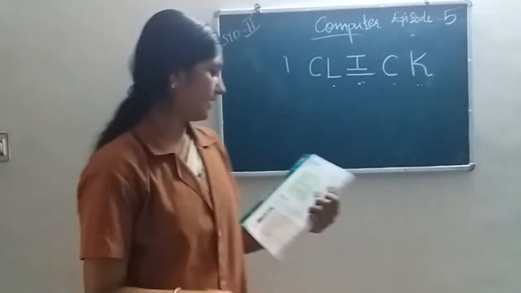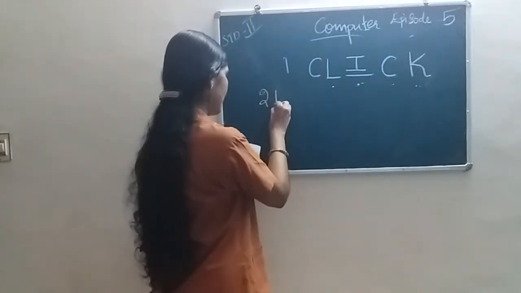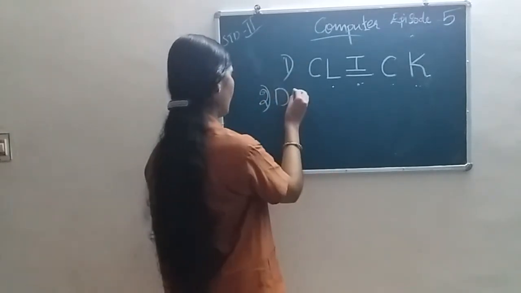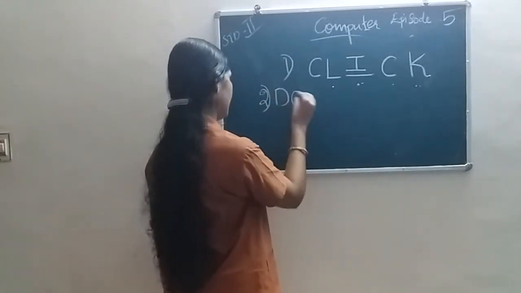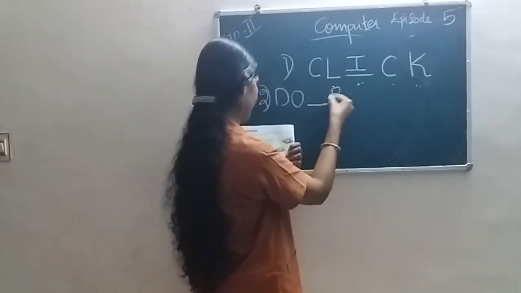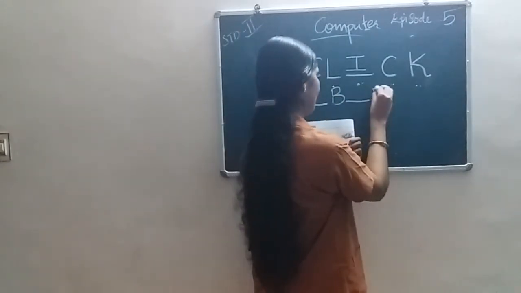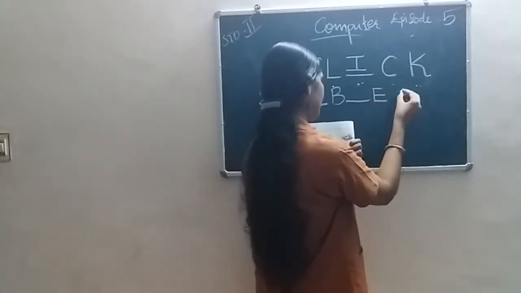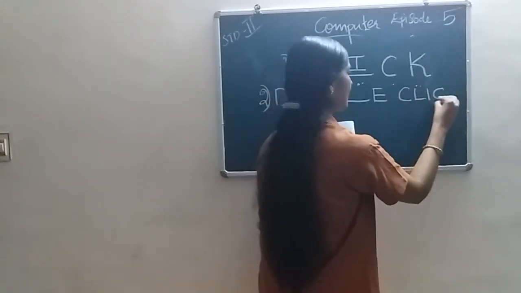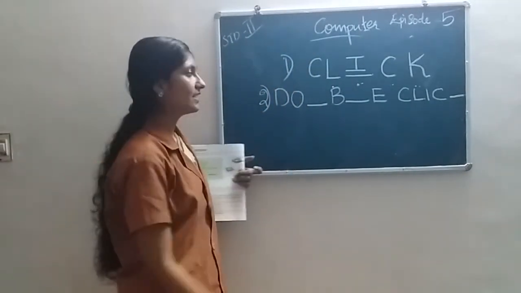Okay. Then second one, D, O, there is a missing letter, then B, there is also a missing letter, E, then C, L, I, C, another letter is missing. So can you identify the word?